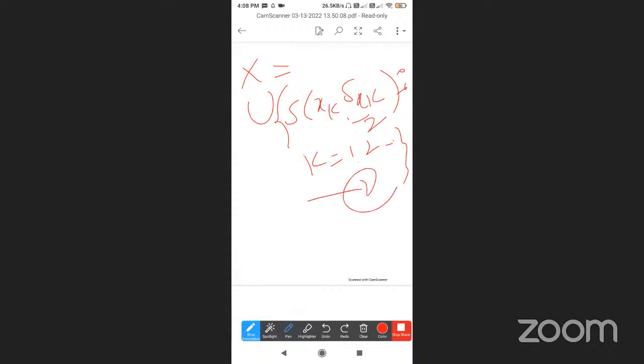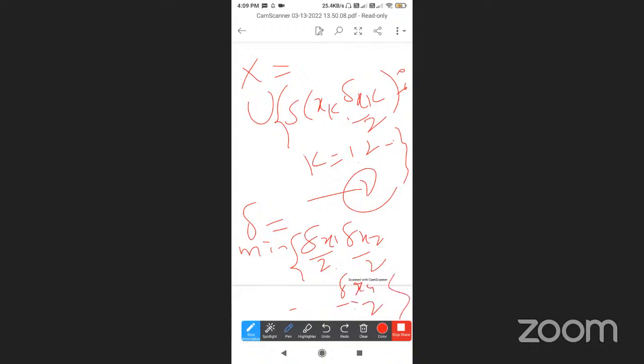This is equation number 2. Now delta is equal to the minimum of delta x1 by 2, delta x2 by 2, and so on up to delta xn by 2.